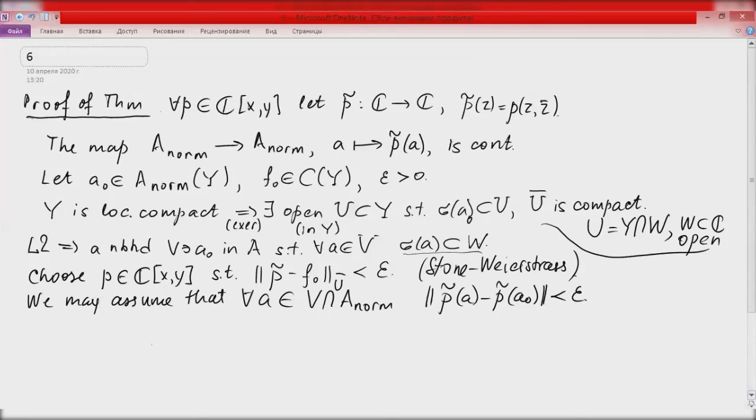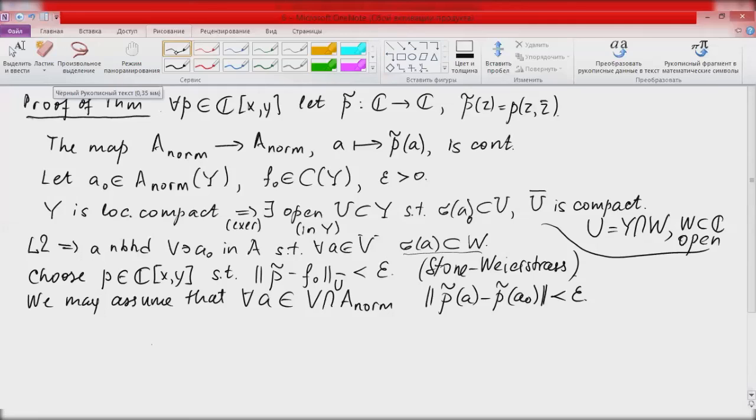Okay, and let's now compare f of A and f0 of A0.